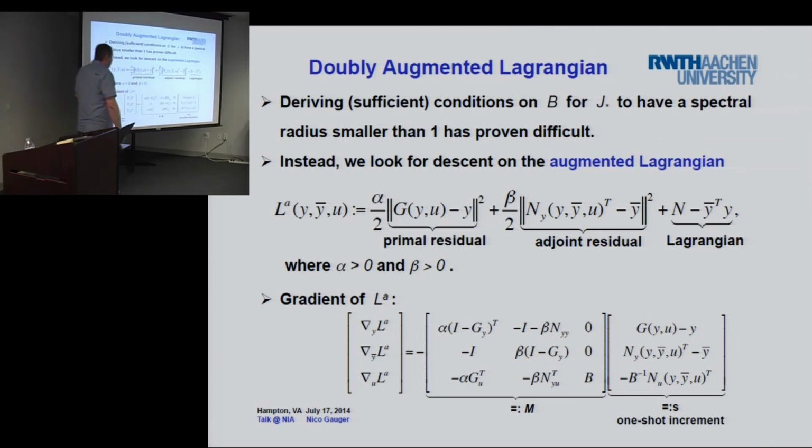It's natural, the Lagrangian has to do with the design problem, because we do have an increment vector in primal variable, in adjoint, and in the design, to add two further terms. And we decided for primal and adjoint residual, weighted by alpha and beta. And we have seen this in theory, we have written papers about it.